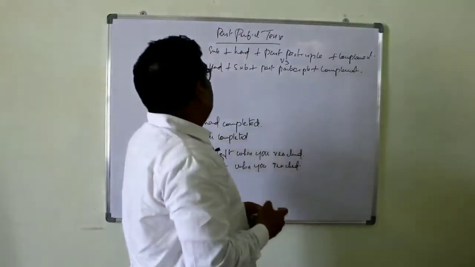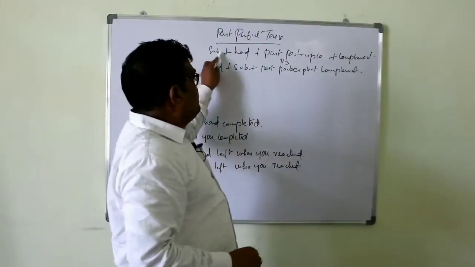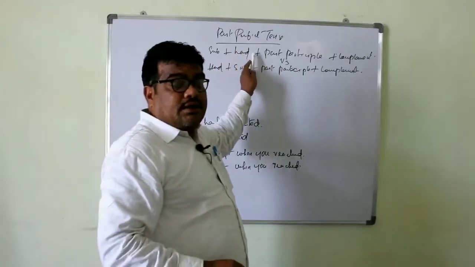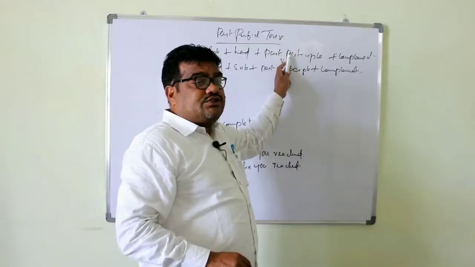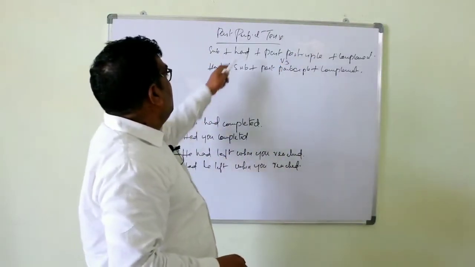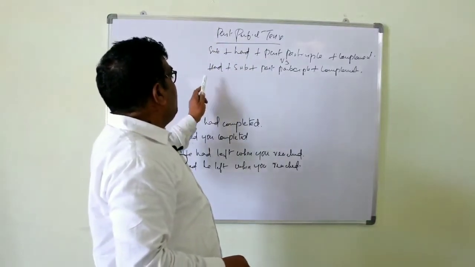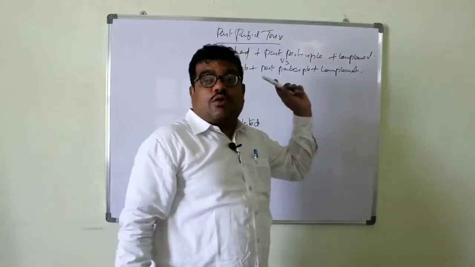Once again, the structure of past perfect tense is subject plus had plus past participle of the verb, that is V3, plus complement. If you want to make a question of that, you put had in front of the subject: had plus subject plus past participle plus complement.